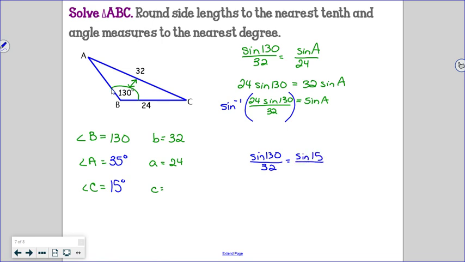I said always avoid using a rounded number when you can to solve for others. Sometimes we can't. Sine of 15 came from solving. I don't have an option. There is no option on this. You have to use that to solve for side C. So go ahead and use that. I would expect this to be our shortest side.